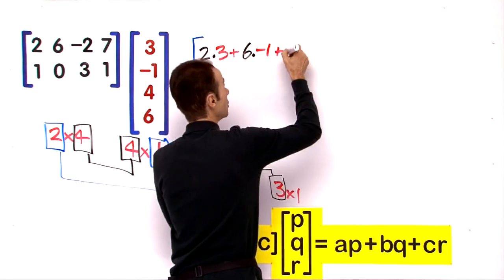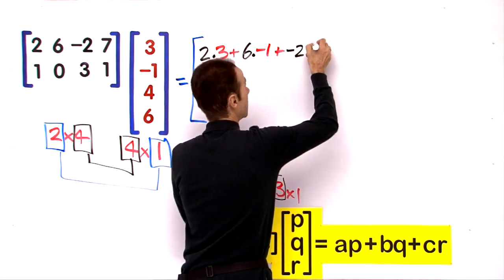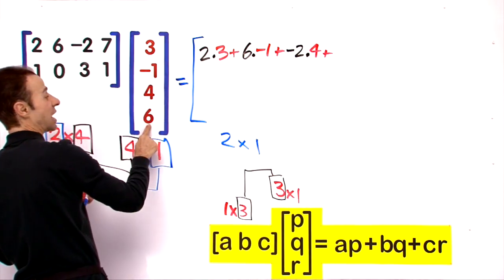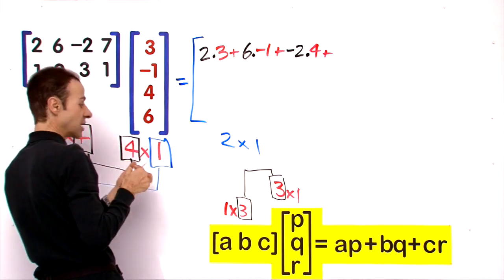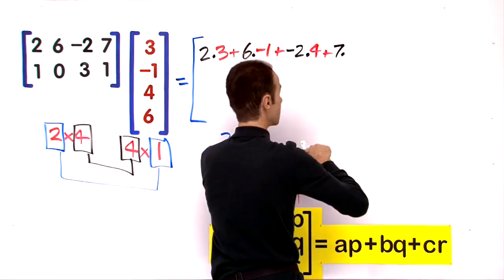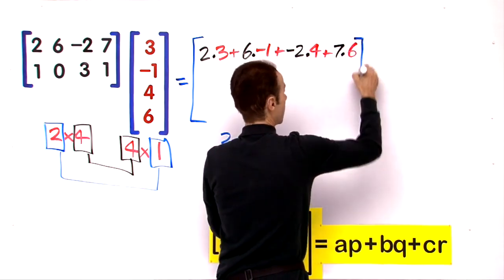And then we're going to add 7 times 6. That's the last one down the bottom. Okay, let's close the parenthesis right there.